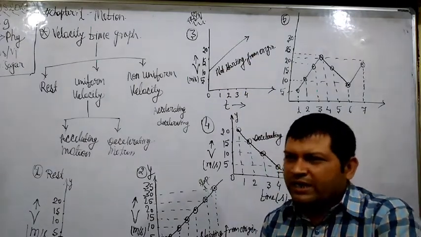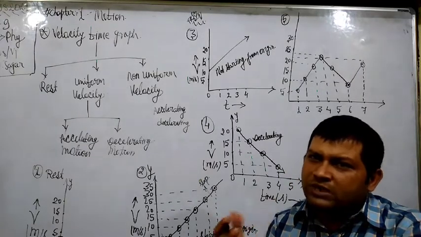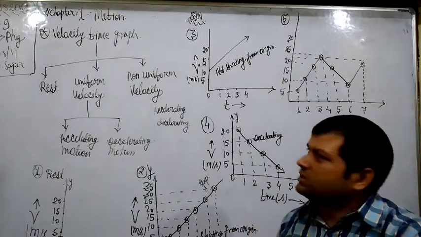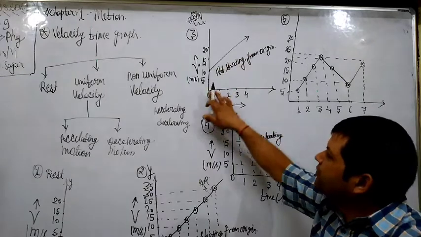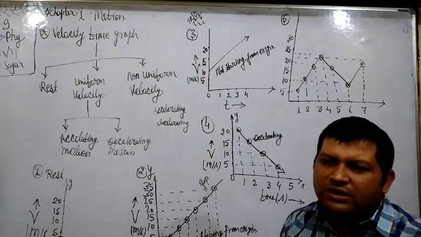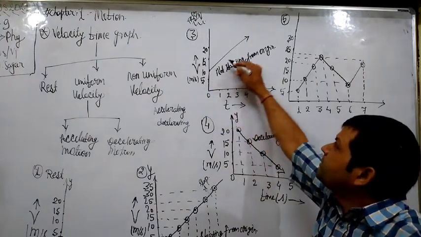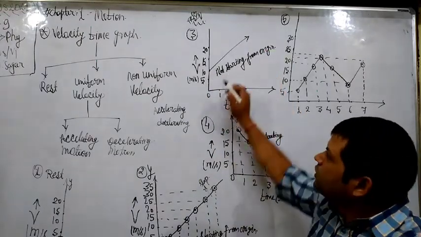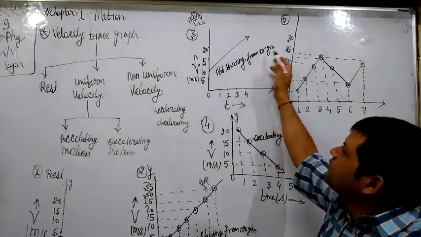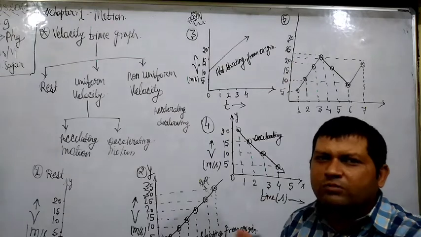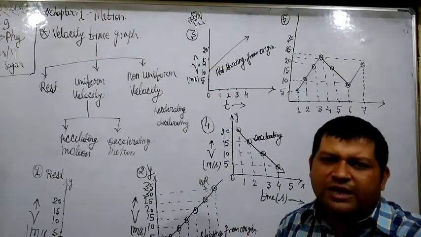Suppose an object is moving at 10 meters per second and we start to observe from that velocity. Whatever the velocity given initially, from that point we have to plot the graph. So it is accelerating motion, not starting from origin, not starting from rest. It has some definite velocity initially.